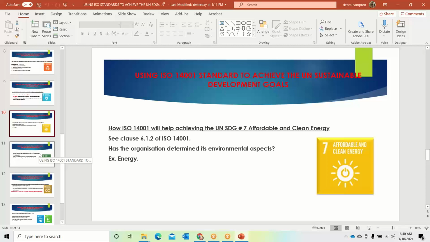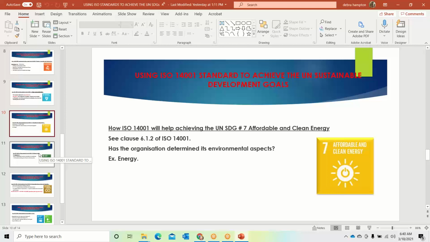So if at the end of the day they come out with significant environmental aspects, they need to take into consideration emission to the air, release to water, and release to land, and the use of energy.